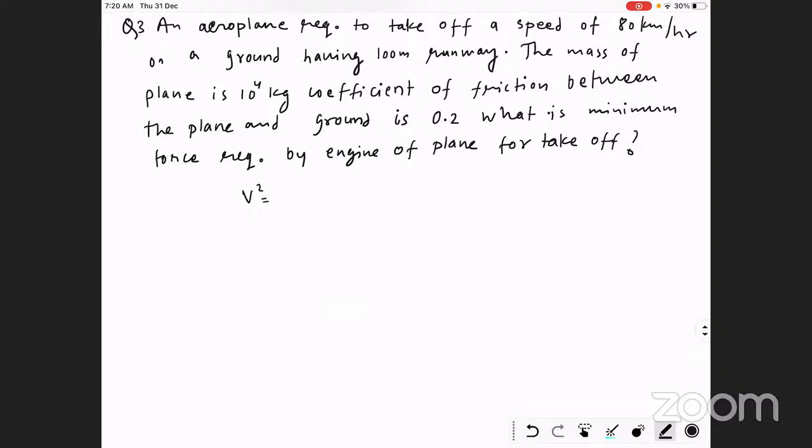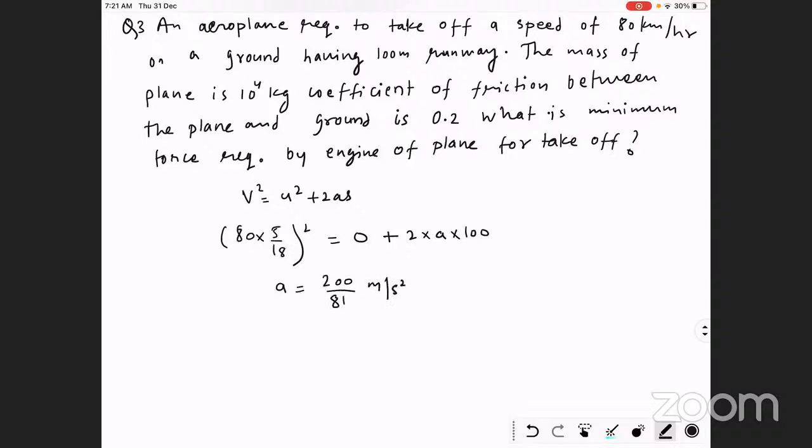So third equation says v square is equal to u square plus 2as. Final velocity is 80. We'll have to convert it into the meter per second. 80 into 5 by 18 square is equal to initial velocity 0 plus 2 acceleration unknown displacement 100 meter. After solving, you will get acceleration 200 by 81. Right?